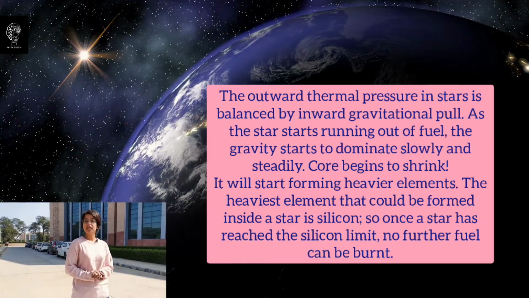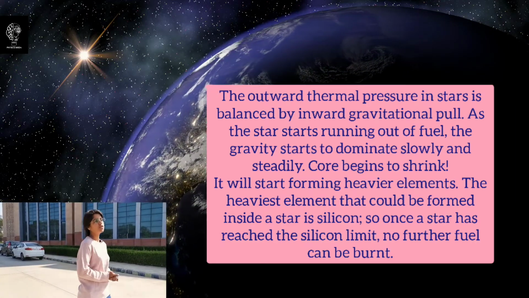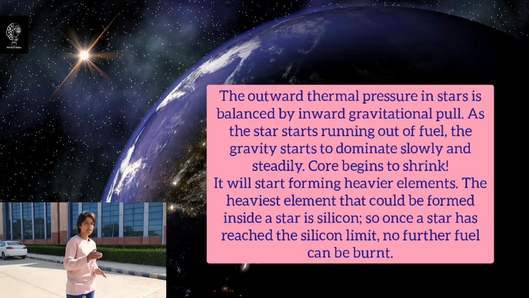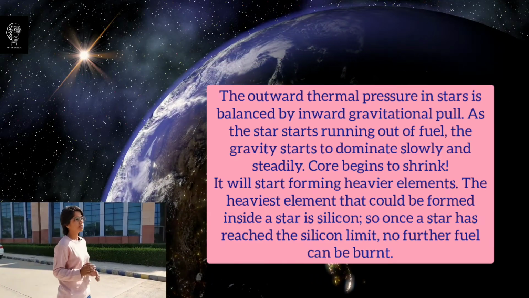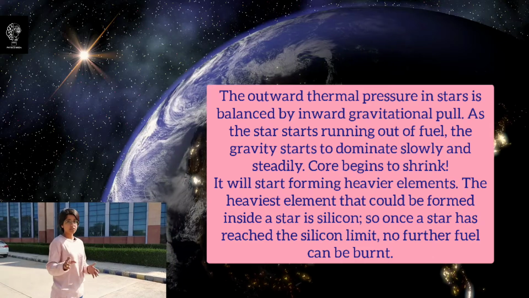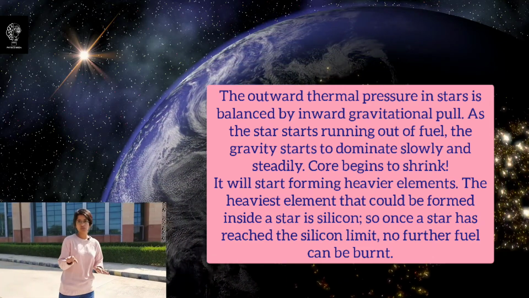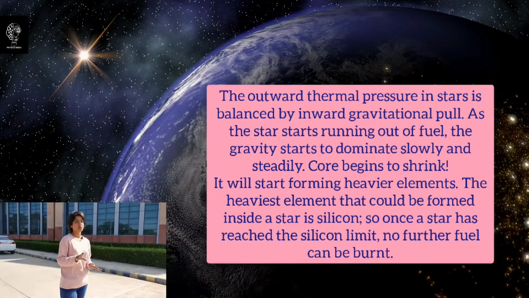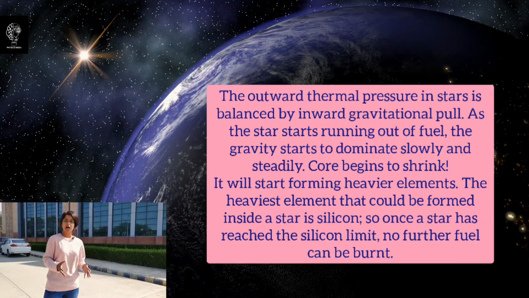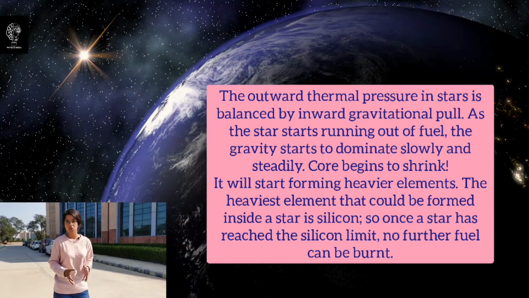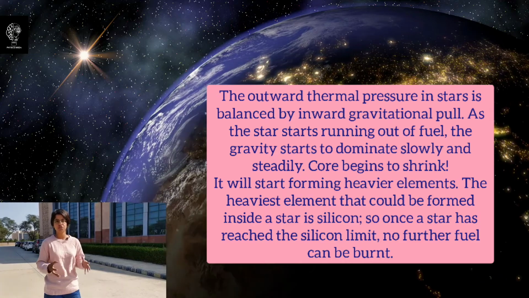The heaviest element that could actually be formed inside the core of a star is silicon, so let's call it the silicon limit. Till that time I have not used the term black hole, because the star has only become a very massive and very dense object due to the shrinking of the core.